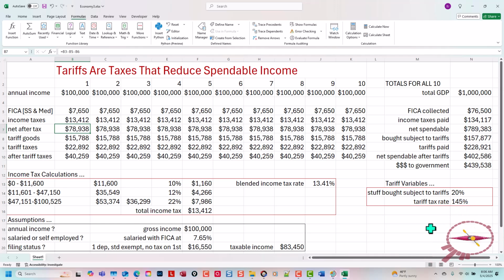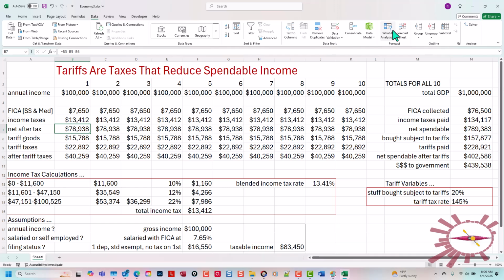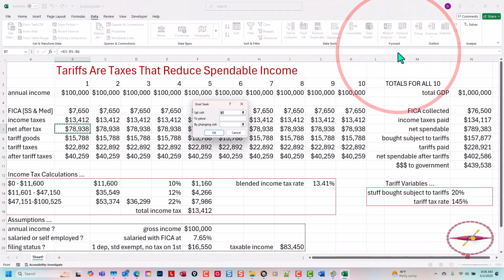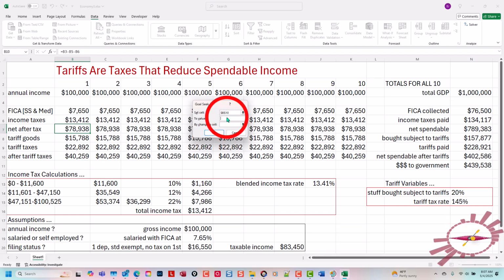And we could do that using a tool in Microsoft Excel called the What-If Analysis. And we'll go to something called Goal Seek. And in Goal Seek, we can pick a cell. In other words, I'm going to say, let's pick this number here and say that we want to set it to 0 by changing the value of this number.